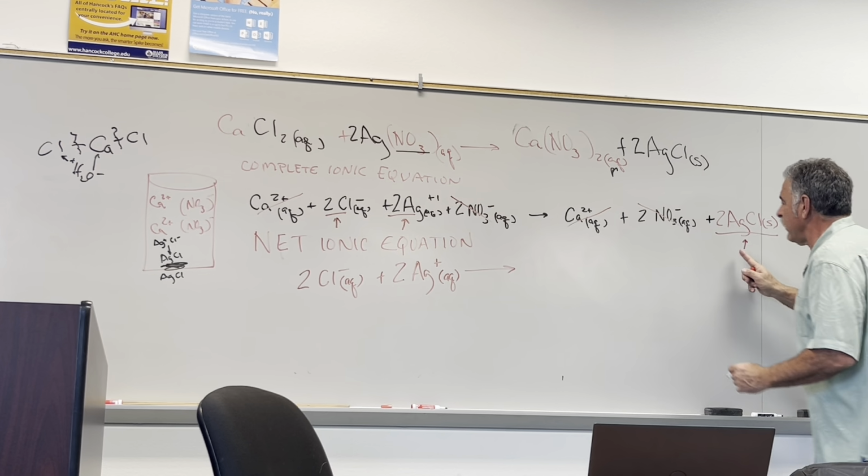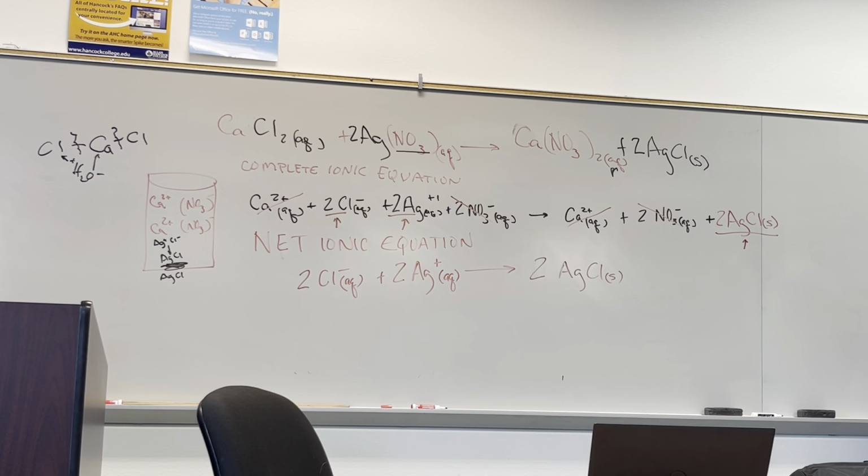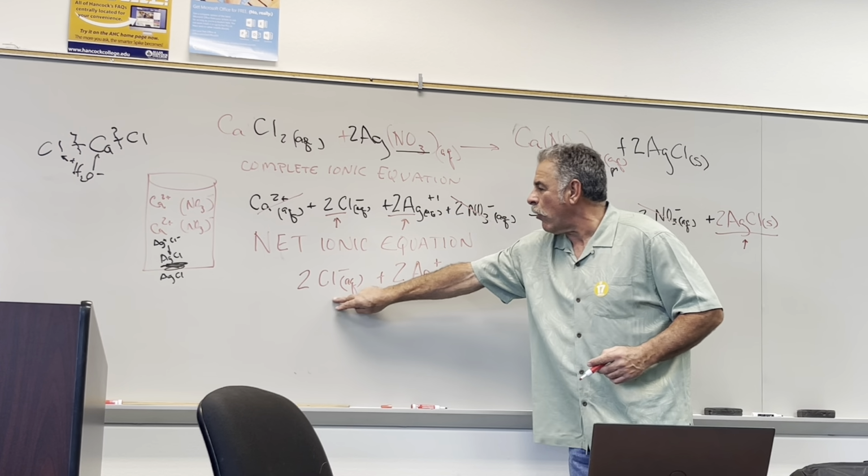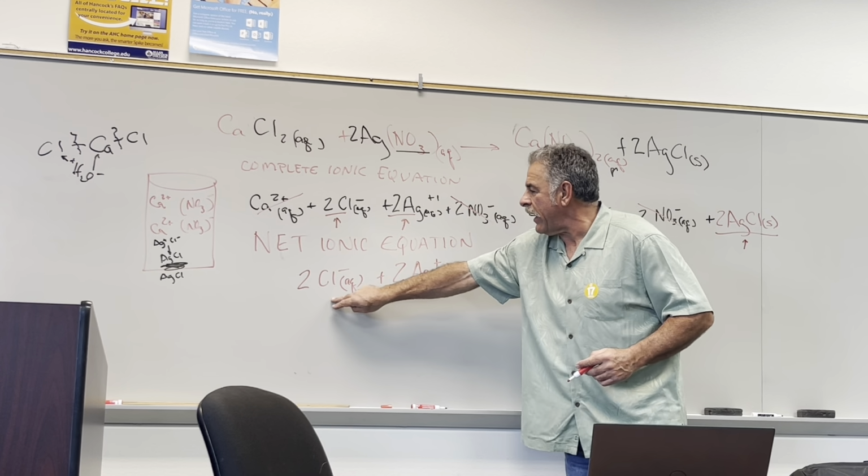Anyway, this is our net ionic equation. We take 2 chlorine anions, 2 silver cations, and we make 2 silver chloride molecules. The net ionic equation is a change in ions into a precipitate. When we make the precipitate, it stays together, both in the complete ionic equation and the net ionic equation.